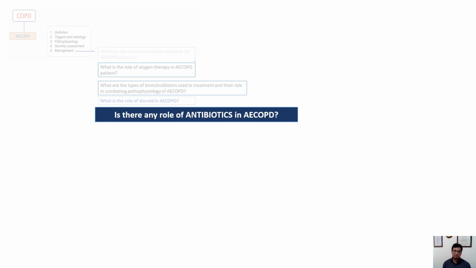So these three bacteria you should remember: Haemophilus influenzae, Moraxella catarrhalis, and Streptococcus pneumoniae. These are the most common bacteria implicated in exacerbations, followed by viruses. Pseudomonas aeruginosa is also common, especially in emphysema and bronchiectasis patients.